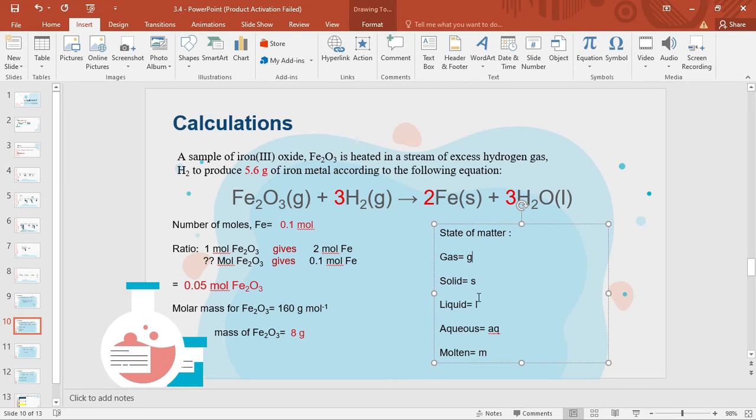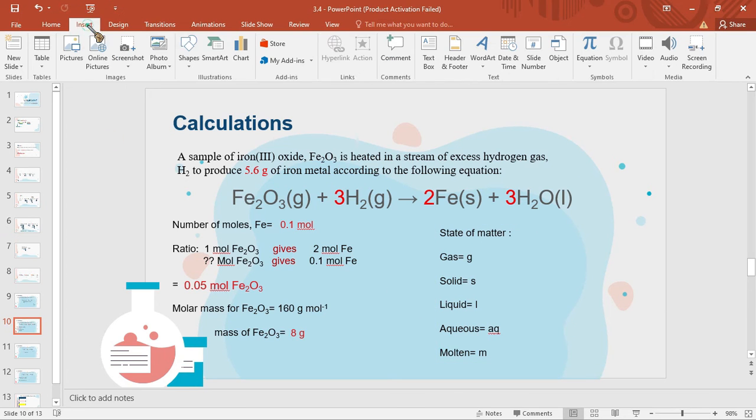Okay, this one we will learn at the next chapter. We will learn aqueous in electrochemistry, and also molten. Aqueous, it is like, okay, remember NaCl?